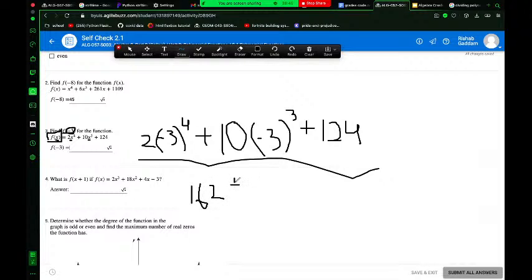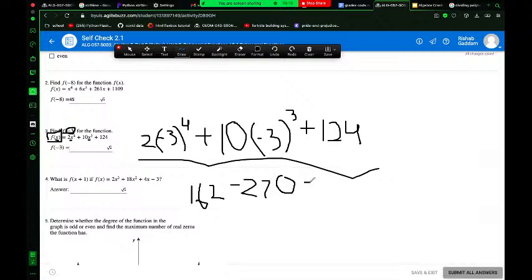Plus -3 to the power of 3. That's -27, because this is an odd exponent. The negatives do matter. So you get -27 times 10, which is -270.